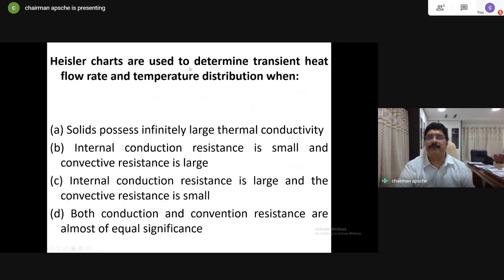Heisler charts are used to determine transient heat flow rate and temperature distribution. There are Heisler and Grober charts, which are chart solutions. Instead of lumped mathematical analysis, the heat transfer responses are tabulated and furnished in the form of graphs, and by reading the graphs you can find the temperature in your actual case.